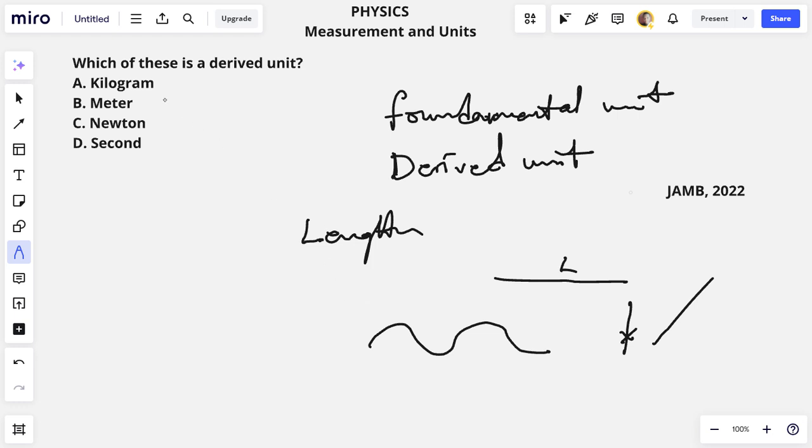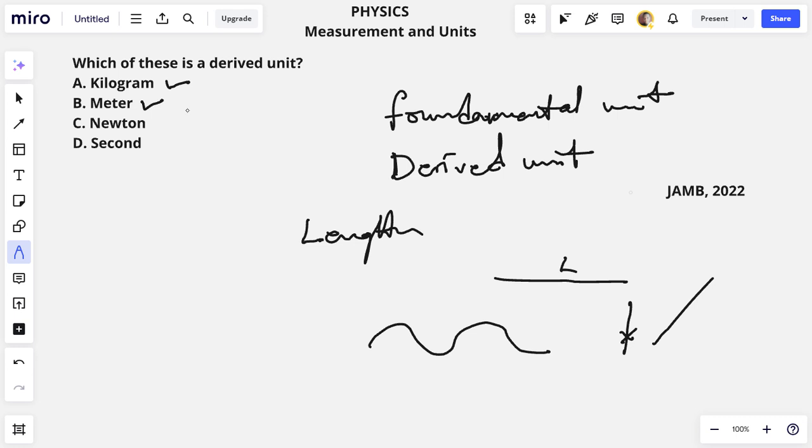In chemistry, the SI unit of mass is grams, while in physics, the SI unit of mass is kilogram. So kilogram is used to measure the mass of a substance. When you talk about kilogram, you can't find any other unit inside it. So kilogram is a fundamental unit.